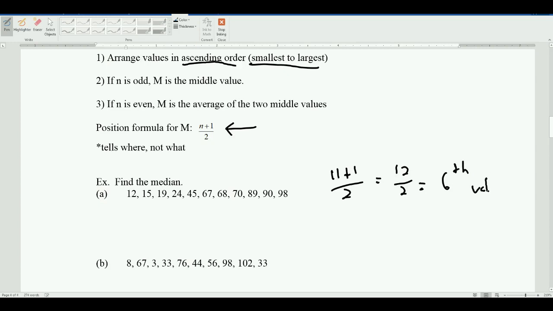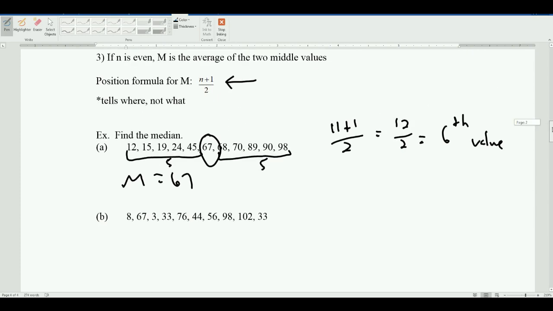It's just the 6th value from the left. So 1, 2, 3, 4, 5, 6. So the median is 67. And the reason is because you have 5 numbers in front and 5 numbers after. It's the one in the middle.